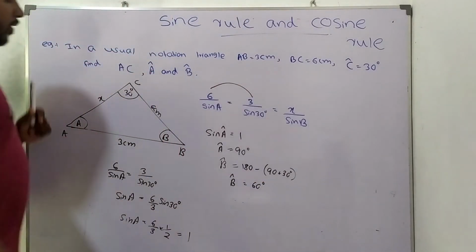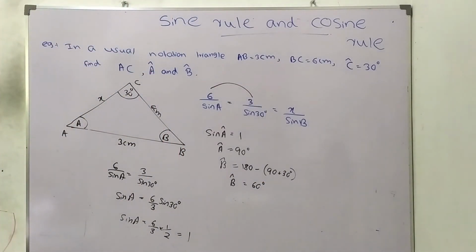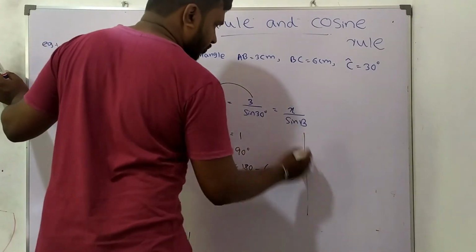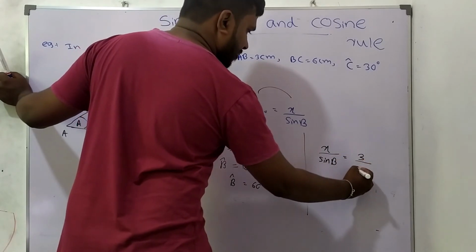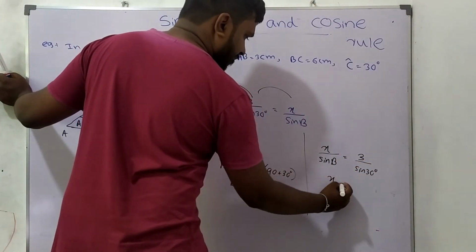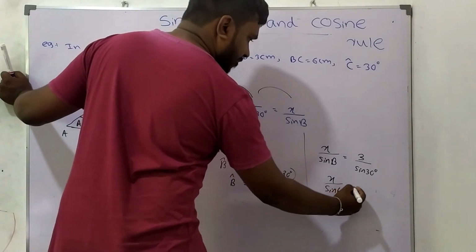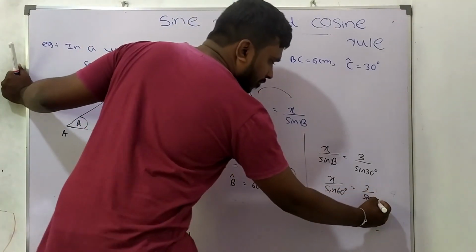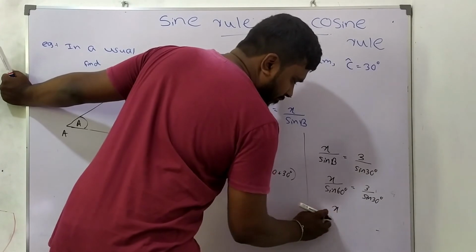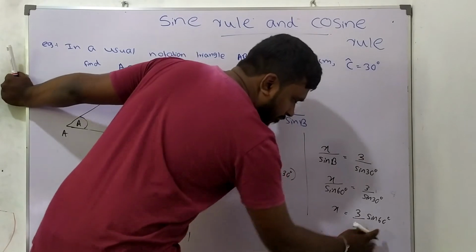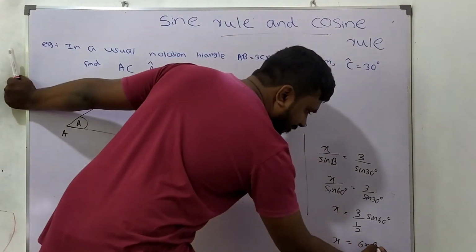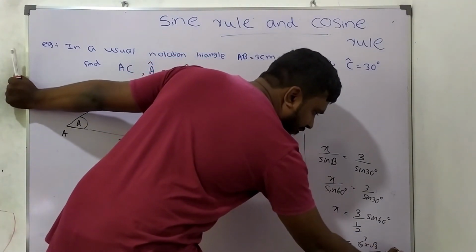Now that we have the B angle, we can find the x side. x over sine 60 equals 3 over sine 30, so x is 3 sine 60 over sine 30, which is 6 sine 60, root 3 by 2, giving 3 root 3.